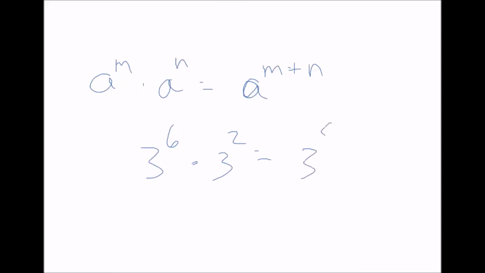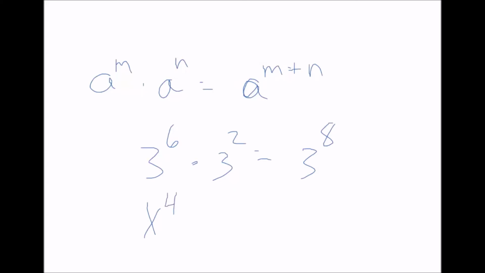So let's say you have a to the m times a to the n. What you're going to do is you're going to say a to the m plus n. So in a real example, let's say you have 3 to the 6 times 3 to the 2nd. What that really means is 3 to the 8th, because you get 3 to the 6 plus 2, which is 3 to the 8th.